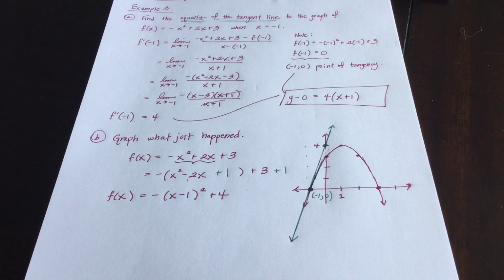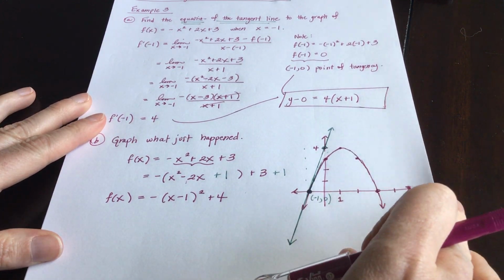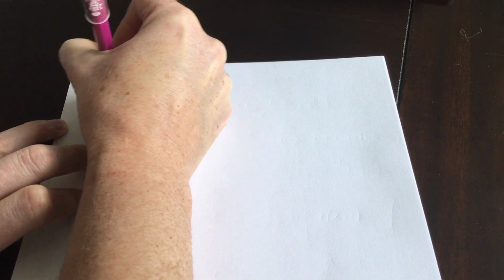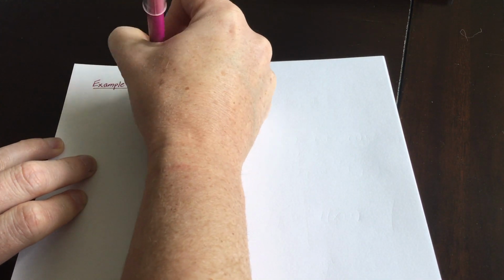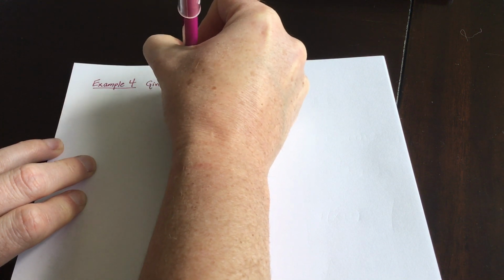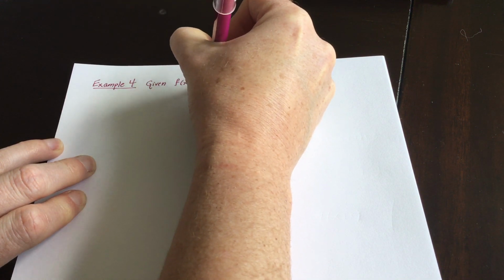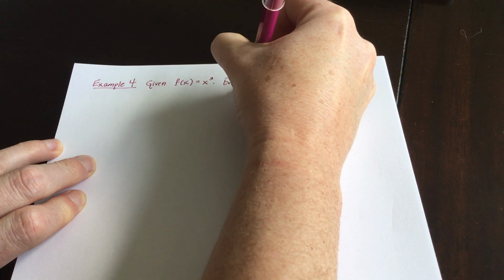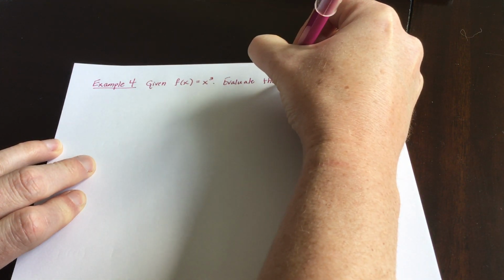All right, my friends, let's move into the second piece that goes with this lesson. So, example 4. Let's say I ask you, given f of x equals x cubed, evaluate the following.